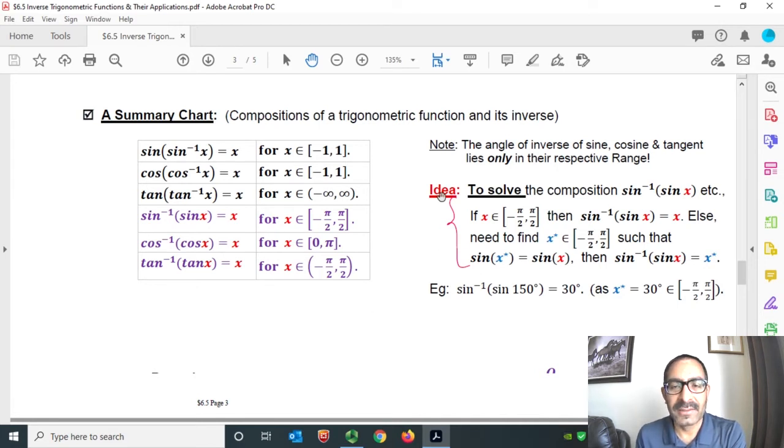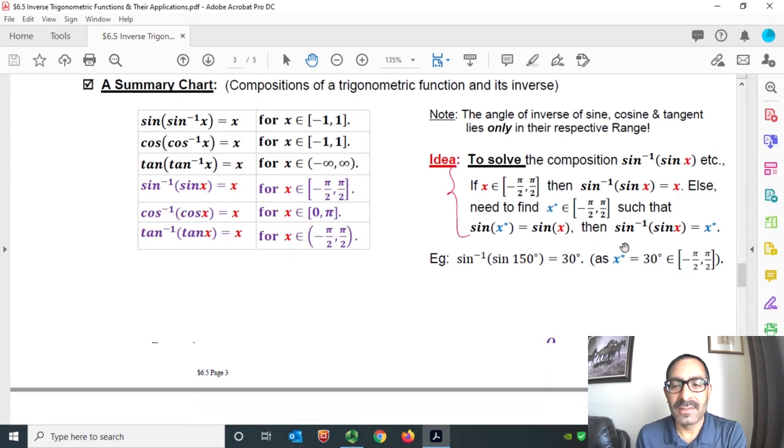So the idea here, to solve the composition sine inverse of sine x: if this x lies in the range of the inverse sine function, then sine inverse sine x gives us x. Else we need to find another angle x star in the range of the sine inverse function such that sine x star equals sine x, then the composition sine inverse sine x turns out to be x star, the angle in the range of sine inverse.